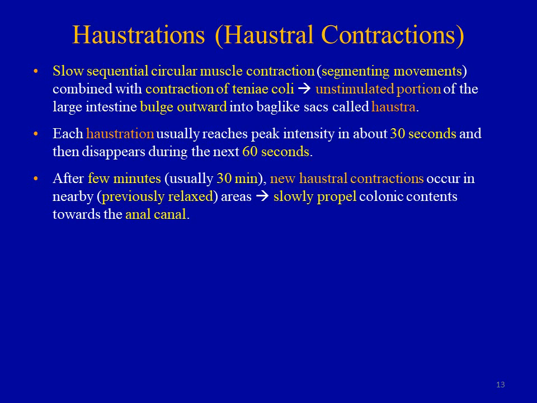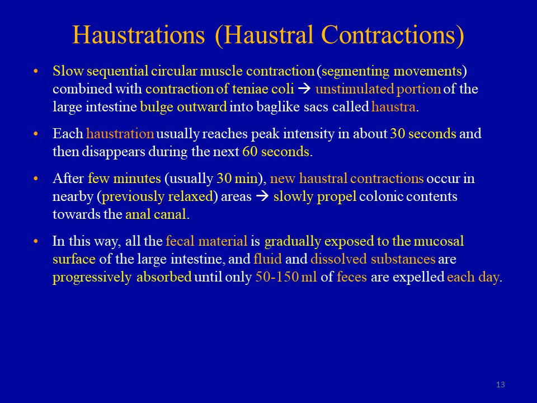So every 30 minutes, certain areas will undergo 30 seconds of contraction and 60 seconds of relaxation. Then after half an hour, the areas that were inactive will start the haustral contractions. This will slowly mix and propel the colonic contents towards the anal canal.